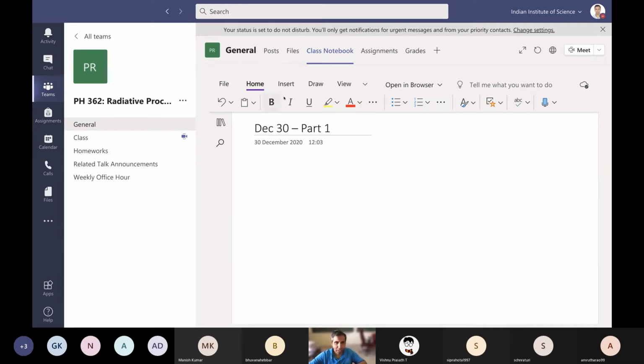We derived this from these transformations from lab frame to the rest frame and back again. So the final formula was, this is just a recap.